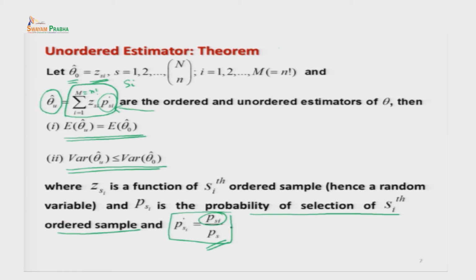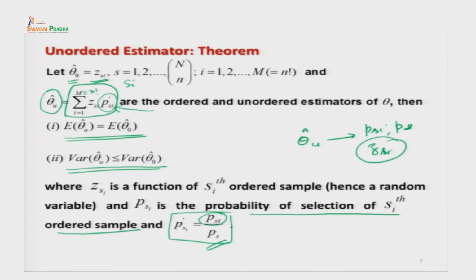The variance of the unordered estimator obtained by this methodology will always be smaller than that of the corresponding ordered estimator. Please remember this result, we are going to use it now. To construct theta hat u, you need PSI, PS and ZSI. These are the three ingredients we have to keep in mind.